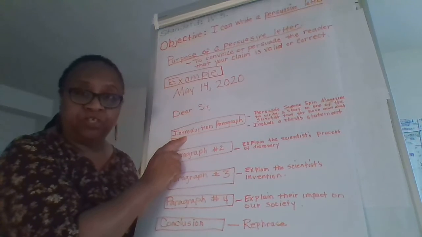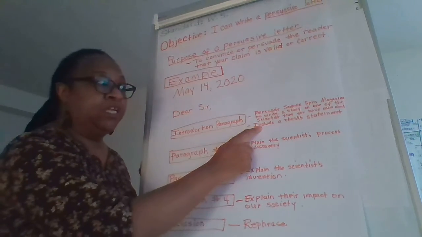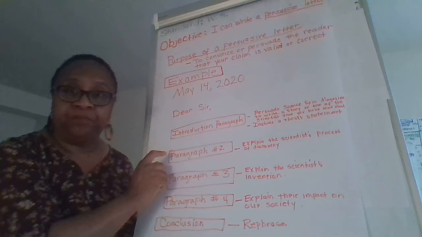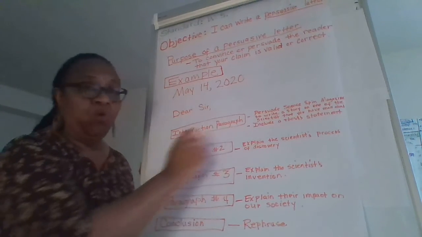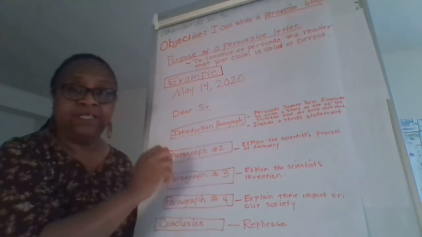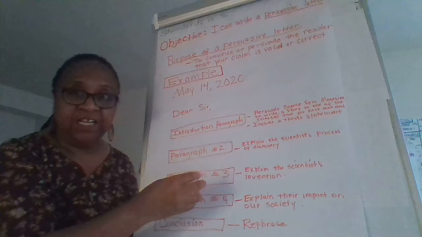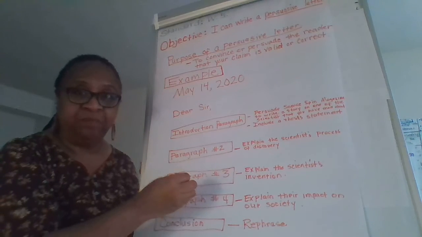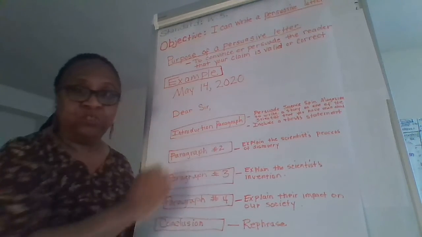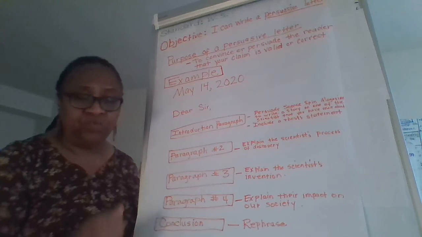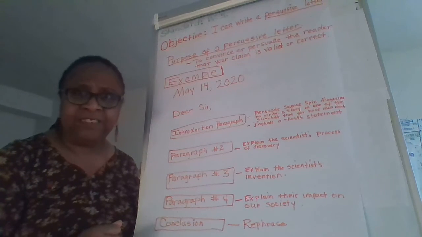Also, in this introduction paragraph, you must include your thesis statement. You must make a claim why we are writing, or what your thesis claim is about this particular scientist. Make a claim about the scientist, but at the same time, try to persuade the company that they should really write a story about this scientist.